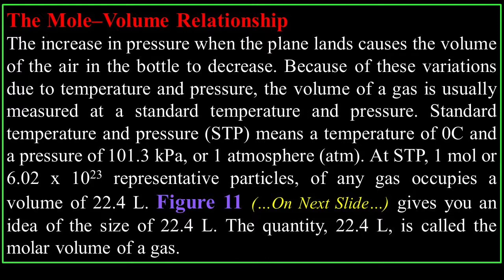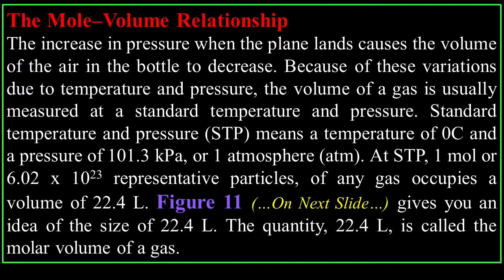The increase in pressure when the plane lands causes the volume of the air in the bottle to decrease. Because of these variations due to temperature and pressure, the volume of a gas is usually measured at a standard temperature and pressure.